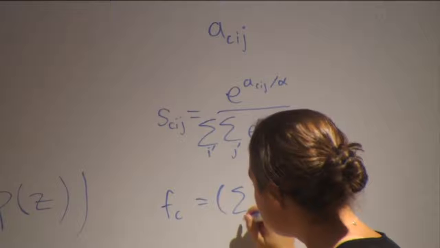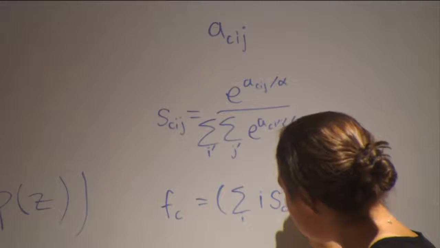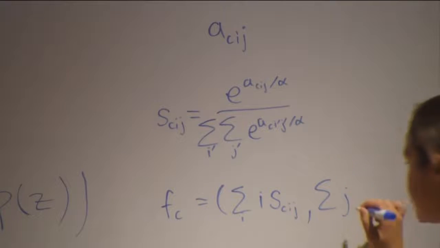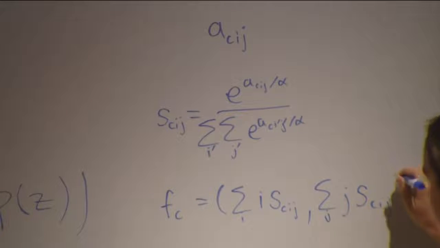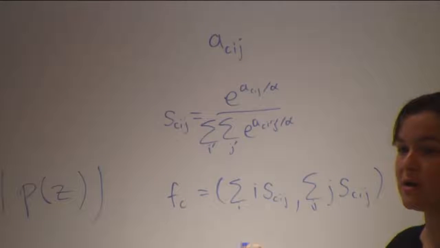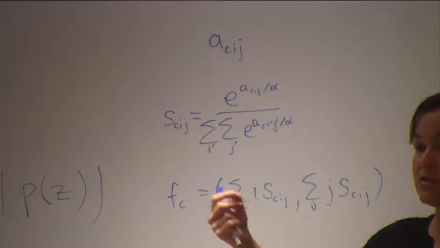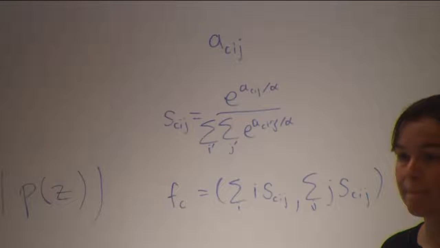It's going to be an expectation over i of S_cij, and then an expectation over the j coordinate of S_cij. This will give you an xy coordinate of basically where there is maximal activation in the feature map A.